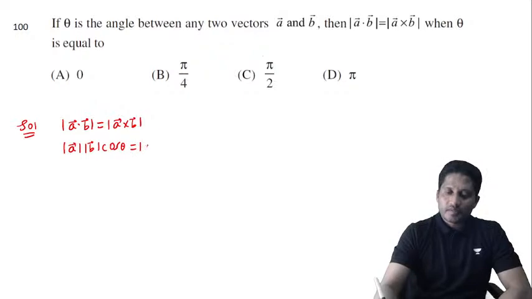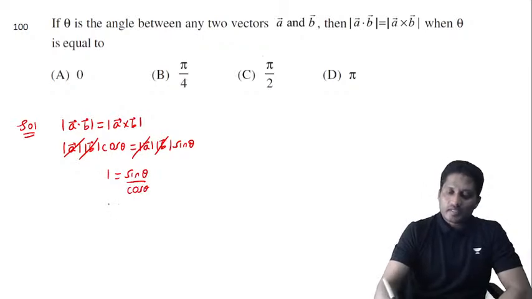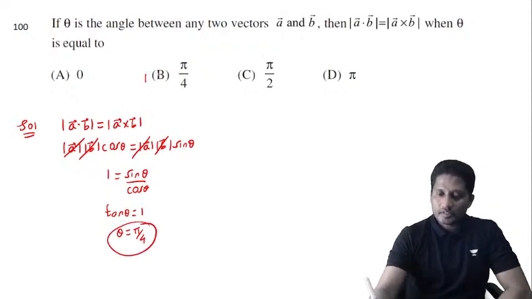And mod of A cross B will be equal to mod A into mod B into sine theta. Mod A mod B will cancel. You will get 1 is equal to sine by cos. Okay, and that is, you get tan theta equal to 1. Tan theta equal to 1, so theta should be equal to pi by 4. Right, answer is option B.